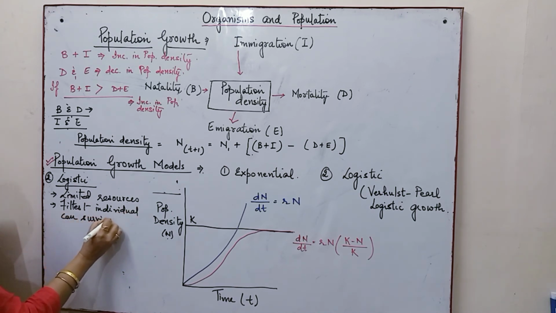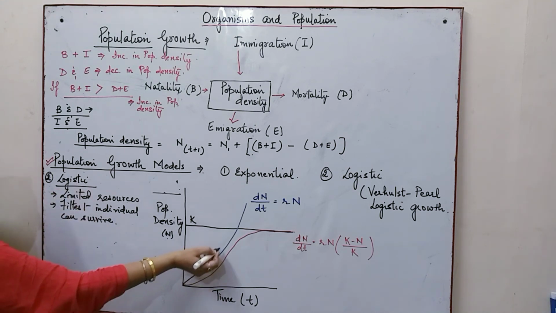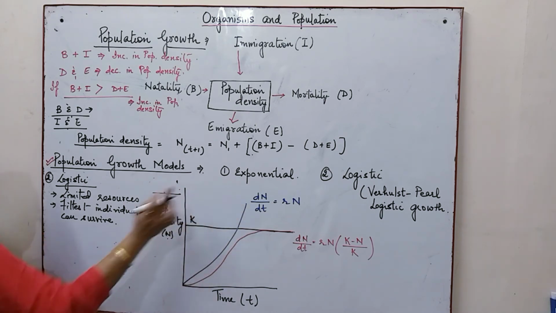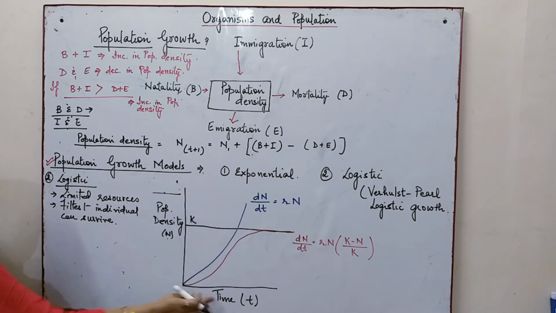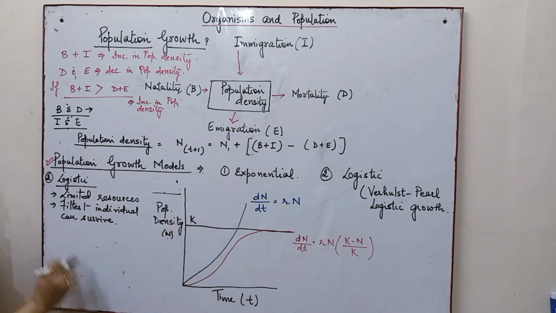Unlike exponential growth, where there is a constant increase in the number of individuals, and the population density continuously increases with time due to unlimited resource supply, logistic growth, on the other hand, develops in three phases.